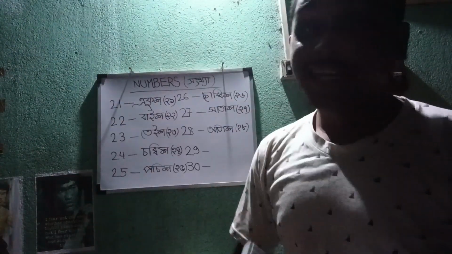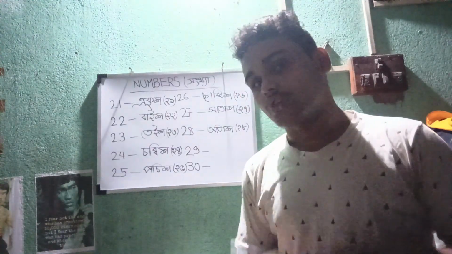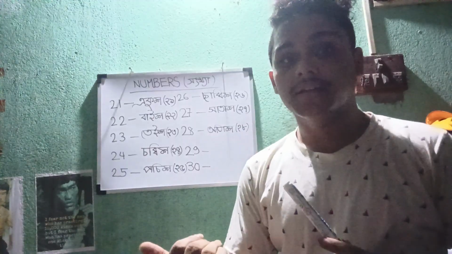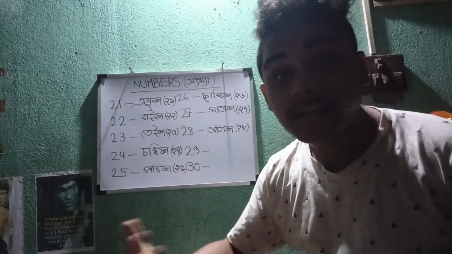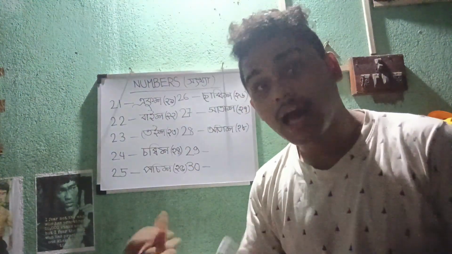So after 28 we have 29. How can we say 29 in Bengali? Like 19 means unish, un and ish.